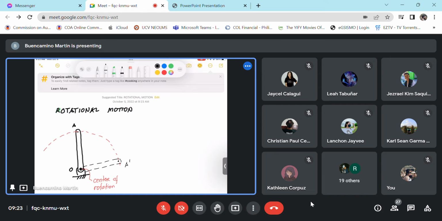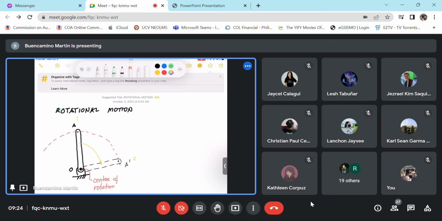And we call this displacement an angular displacement. So if this is the initial position 1 and this is its final position 2, we can say that as far as point A is concerned, point A is displaced angularly, and we call this, class, angular displacement.